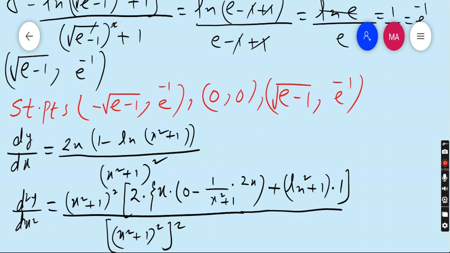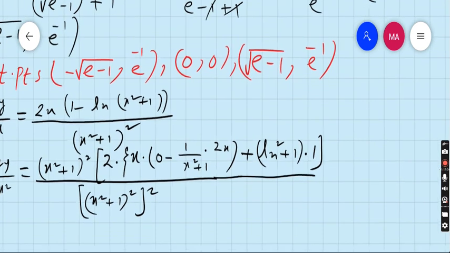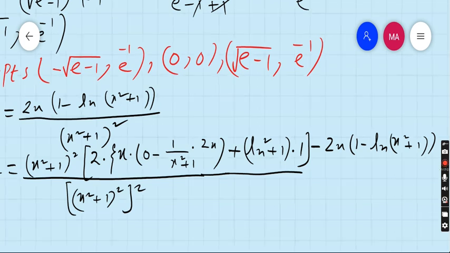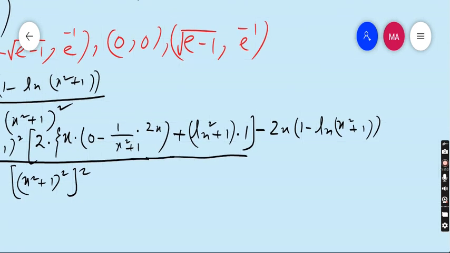So v square derivative of u minus u, which is 2x(1 minus ln(x square plus 1)), into derivative of v, (x square plus 1) whole square, whose derivative is 2(x square plus 1) into 2x.